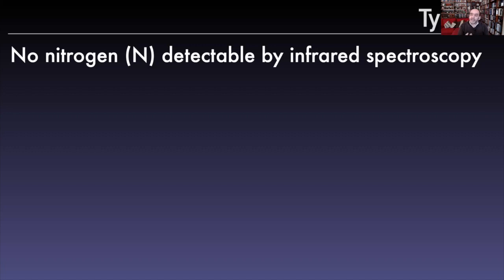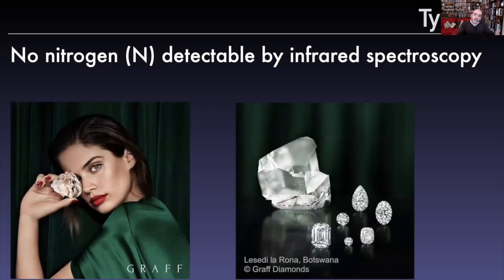But usually type 2As are related to D-color diamonds, the totally colorless diamonds, also to pink diamonds and to some brown diamonds, as Thomas Einschwang will explain in a couple of hours in his gemology webinar.